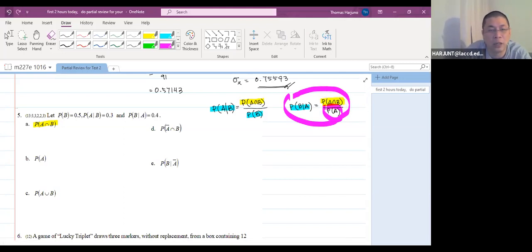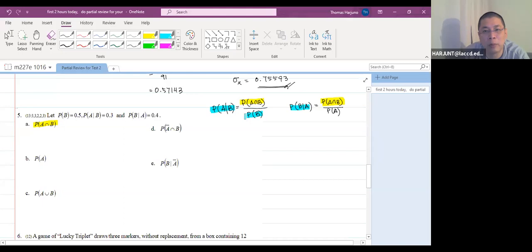Okay, it's clear that we know A given B and the probability of B, which enables us to find the probability of the intersection. So that's the formula I will use. Probability of A given B equals probability of the intersection over probability of B. Now I plug in numbers.